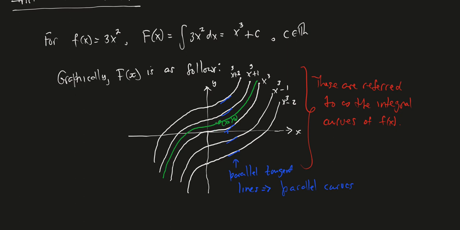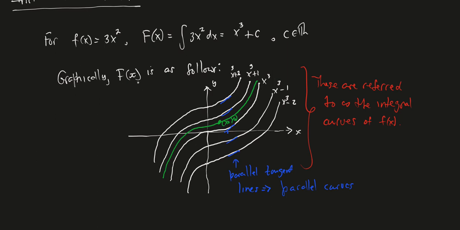Why? Because if these are all parallel, there should be one and only one function that passes through that ordered pair, because these are all just translations of each other. So only one of them would be translated in such a way that its graph will pass through this particular ordered pair. And that's the idea behind initial value problems.